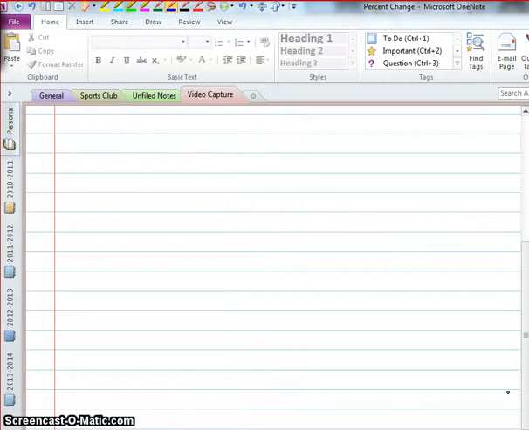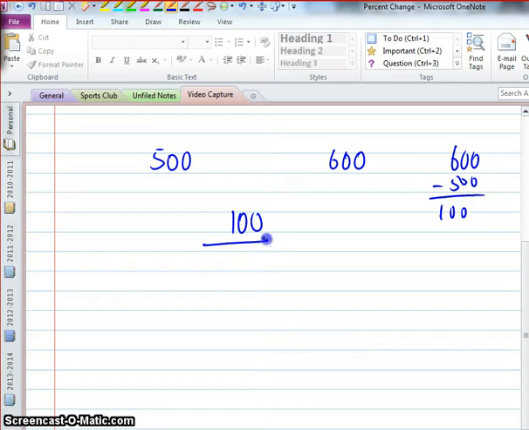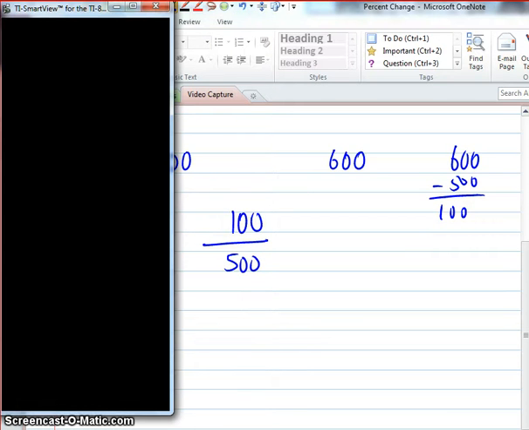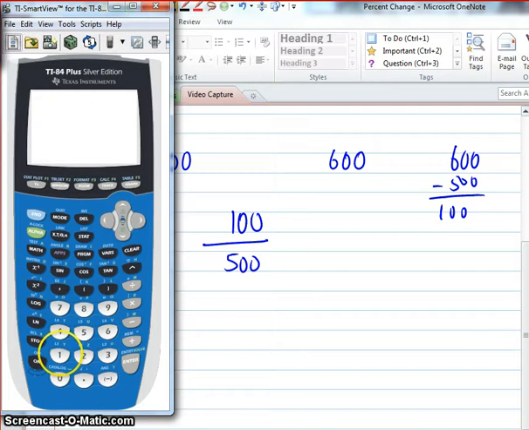So an example would be, let's say you had 500 songs on your phone and this year you have 600. Well, you have to ask yourself, what was the amount of change? Well, that's 600 minus 500, which means the amount of change was 100. And what was your original amount? 500. Simply in a calculator, 100 divided by 500 is 0.2.